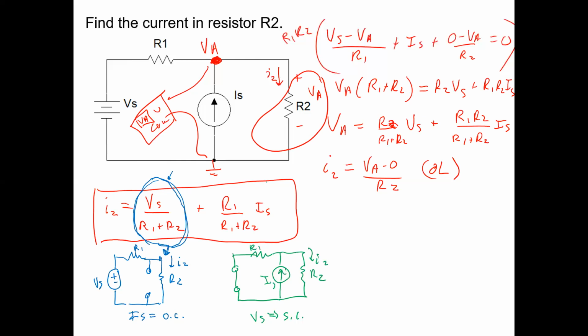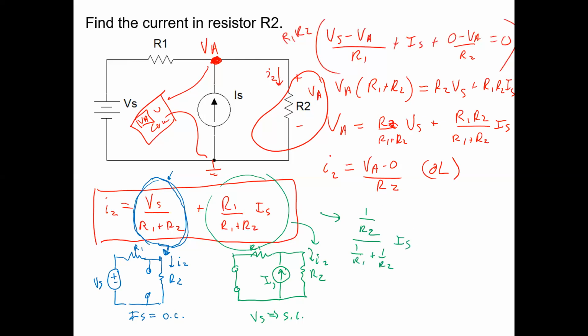This is essentially the I2 that you would get from the current source. And in case you're not familiar with that version of the current divider formula, try this: 1 over R2 over 1 over R1 plus 1 over R2, times IS, right?